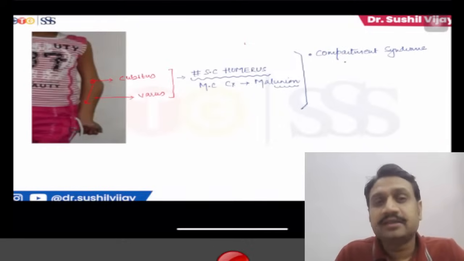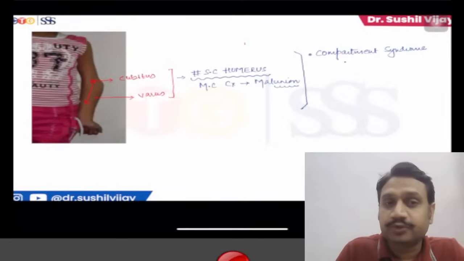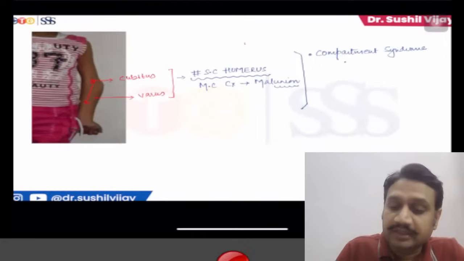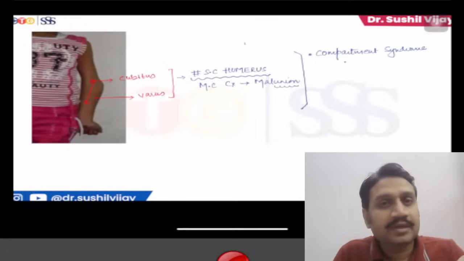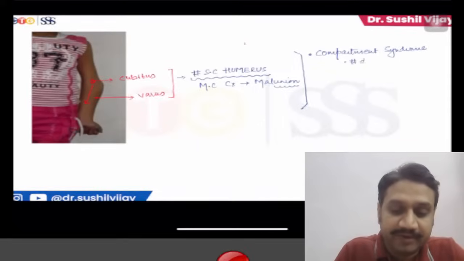It can kill the soft tissues and bring the permanent contractures, right? So in relation to compartment syndrome, what all questions should you know? The most common fracture, the quickest one to get into compartment syndrome, is the fracture diaphysis of tibia. It is not supracondylar, it has to be diaphysis of tibia, right?